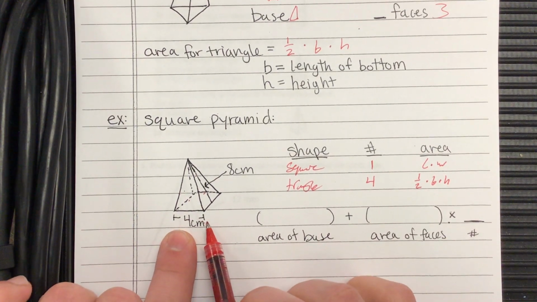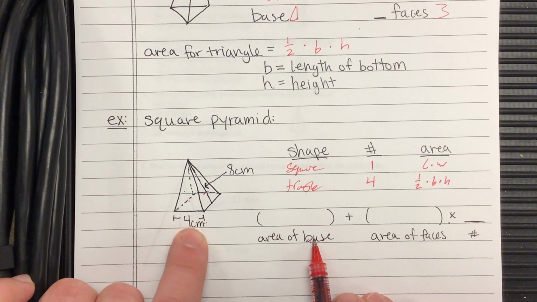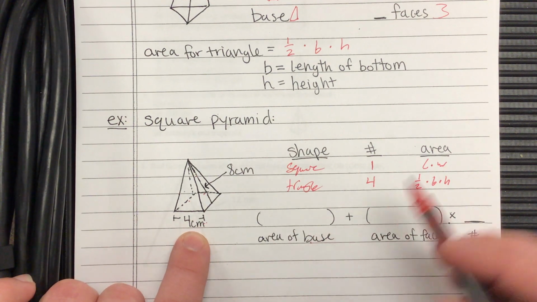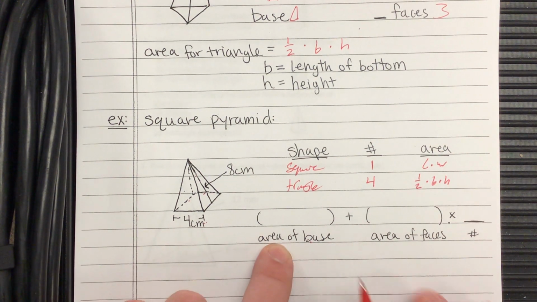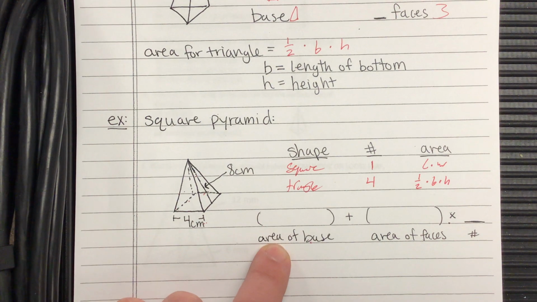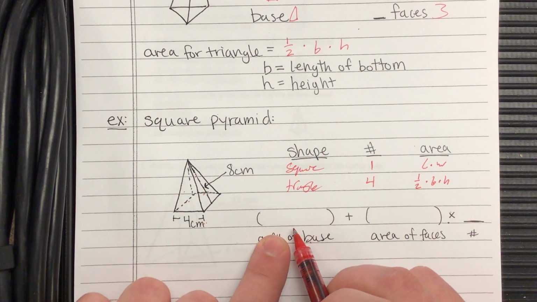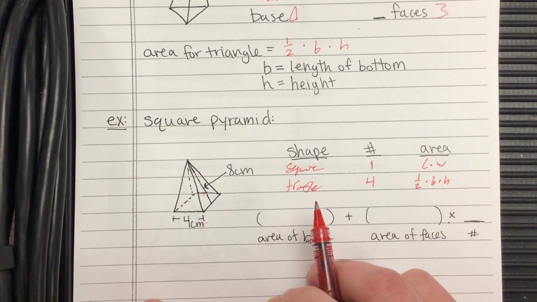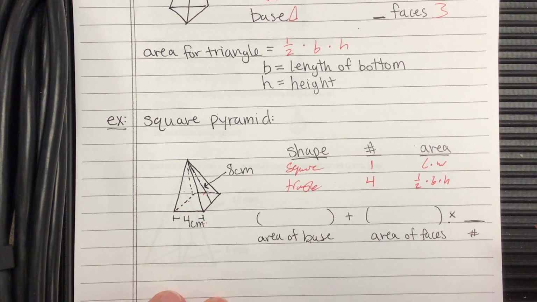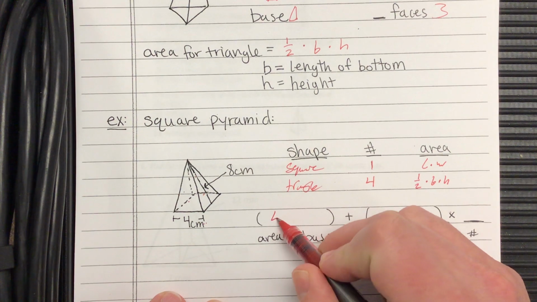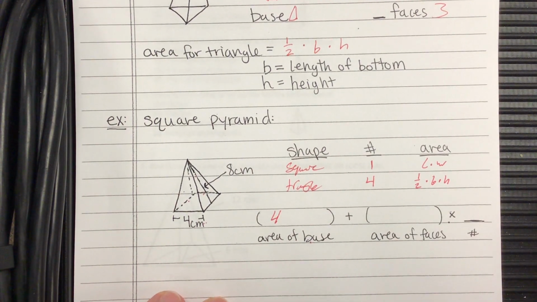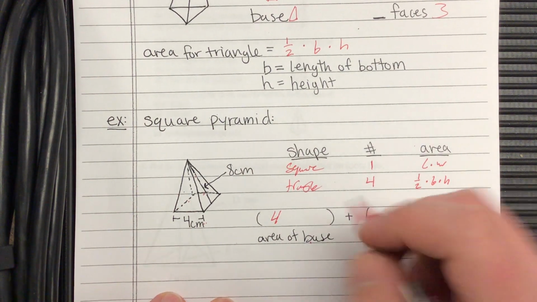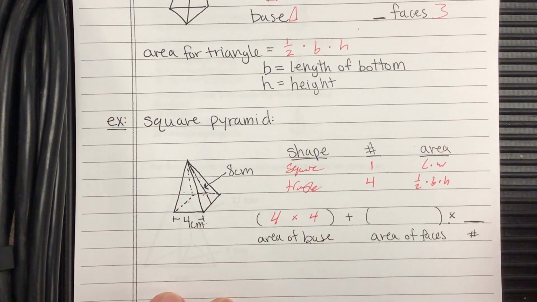So for the area of our base, it is length times width for the square. So what's our length and our width on that one? 4 times 4 is how we're going to find the area of our base.